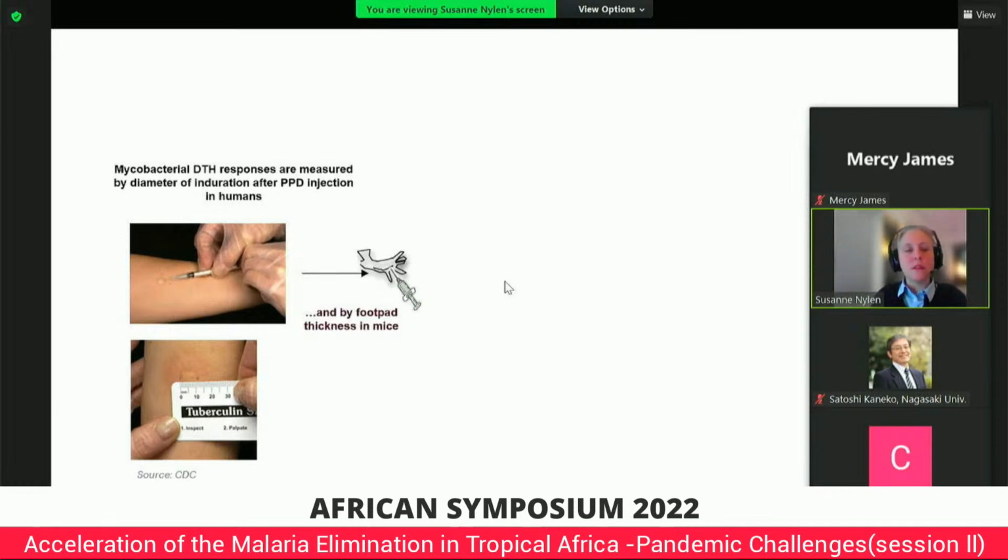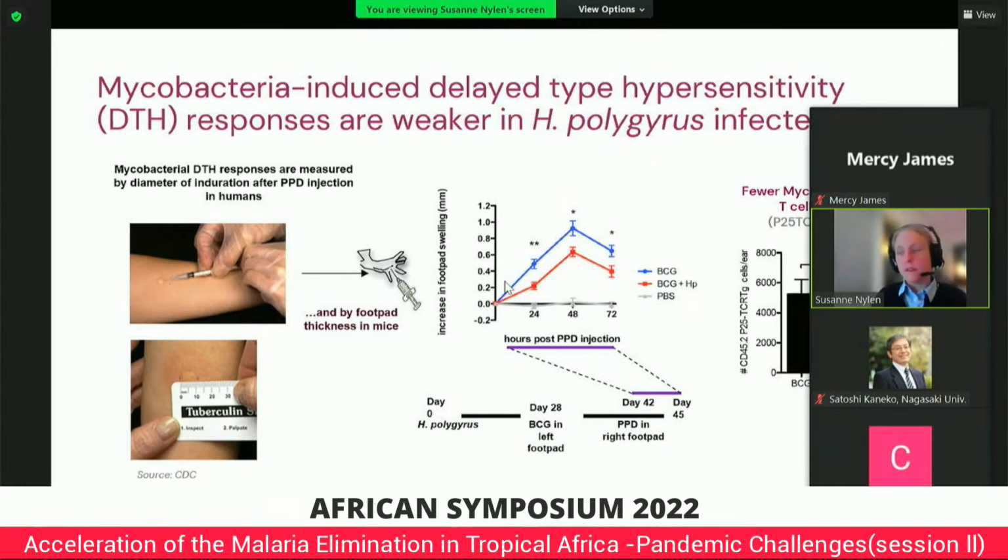In the mouse, instead of doing this PPD test, we can measure footpad swelling. And what we saw here was that mice that carried worms had reduced footpad swelling as compared to those that did not carry worms. They also had fewer, and this is looking at specific T cells, fewer mycobacteria-specific T cells in the tissue where the PPD reaction was given.